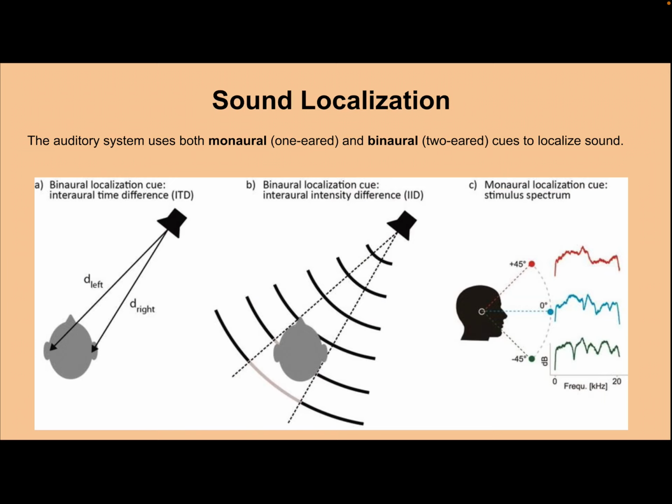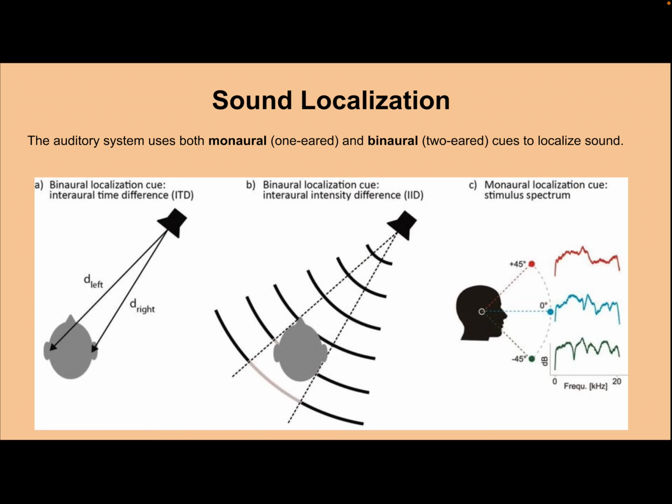Anyway, in order to perceive sound localization and figure out where a sound is coming from, our auditory system uses both monaural and binaural cues, right? Monaural being one-eared and binaural being two-eared. You don't really need to understand exactly how this happens. Just understand it's sort of like with our depth.